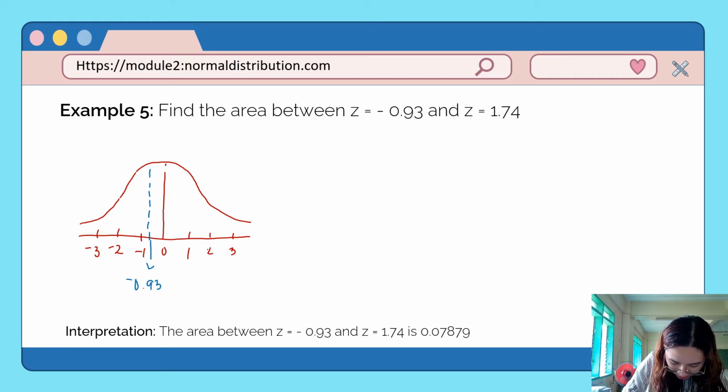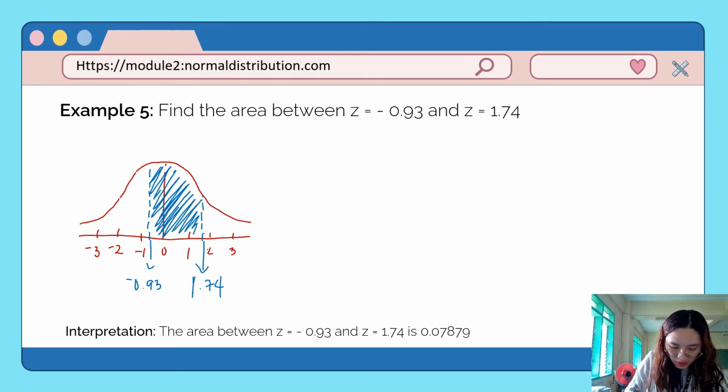And 1.74. Sabihin natin banda dito. 1.74. Ayan. So, hinahanap natin region ay yung nasa gitna po nila. And using z-table, kaya po natin hanapin yung region na between ng 0 at 1.74. Ayan. Kaya din natin hanapin itong region na between 0.93 at ng 0.